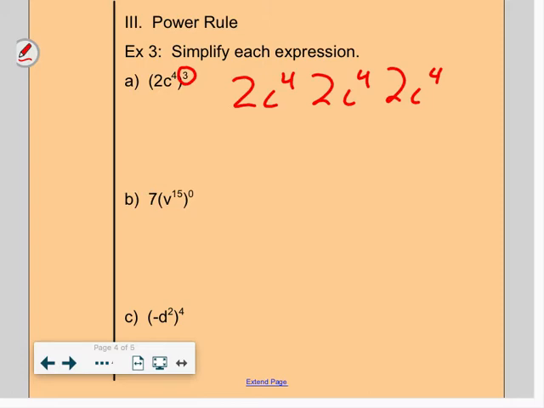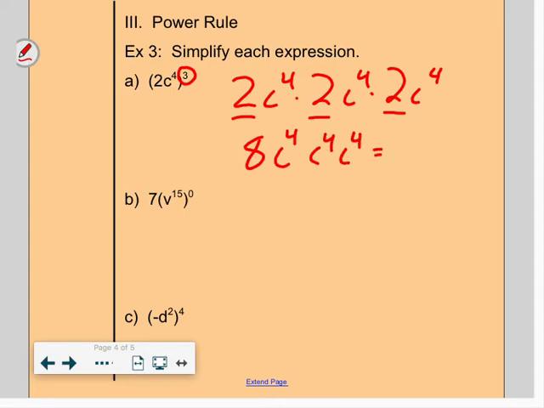Now, you've got 2c to the 4th, 2c to the 4th, 2c to the 4th. Well, what's 2 times 2 times 2? That's 8. So it's 8c to the 4th, c to the 4th. You still have the c to the 4ths.